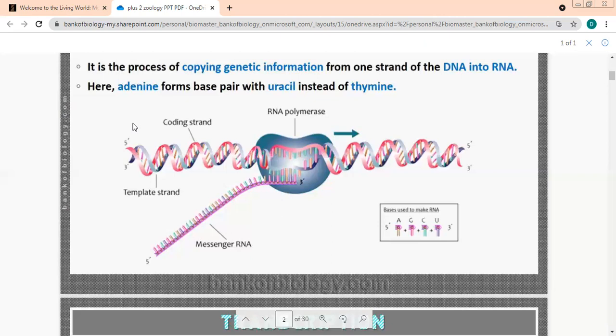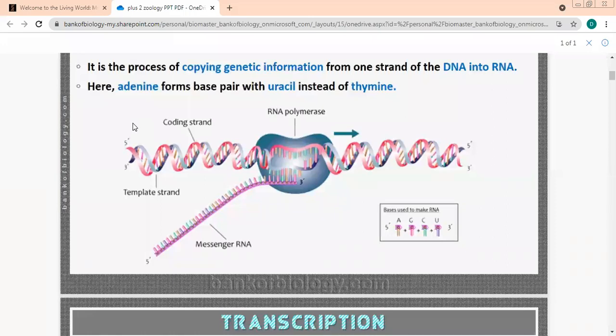Corresponding base pairs, we always said that adenine binds with thymine and cytosine with, come on, tell me, A with T, C with? G. Yes, G. Here, see what is going to happen now. In such a case, adenine will not bind with thymine, rather it is going to bind with uracil.